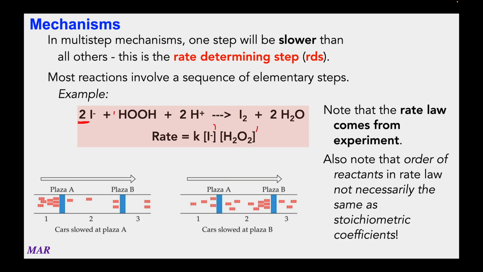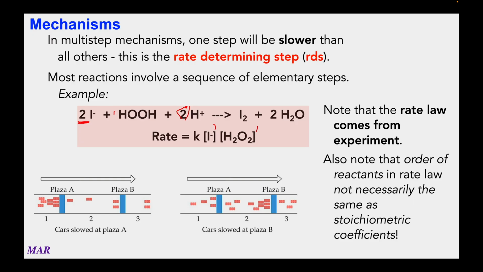But also notice how H+ has a 2 in front of it, and H+ doesn't even show up in the rate law. We're going to see that things that don't show up in the rate law are 0 order reactants. So what that means here is H+ has a 0 by it. It's a 0 order reactant, which is totally crazy. Anyway, we'll see how this mechanism and the rate determining step can help us make sense of what's going on with the rate law.